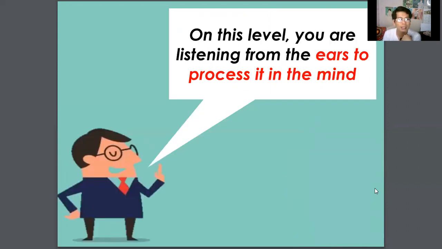So on this level, you are listening from the ears to process in the mind because in pretending you're just listening at the eye level, you're not processing what your teacher is saying. But in attentive listening, it is listening from the ears to processes in the mind.